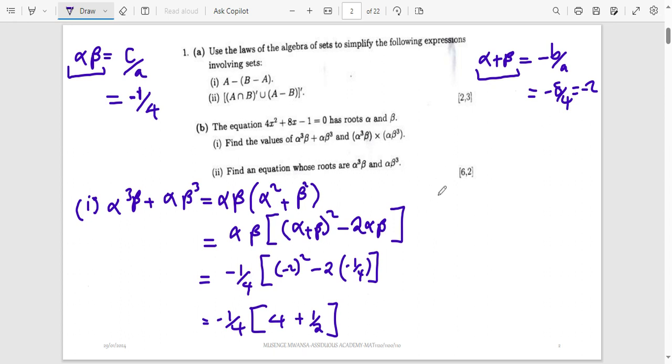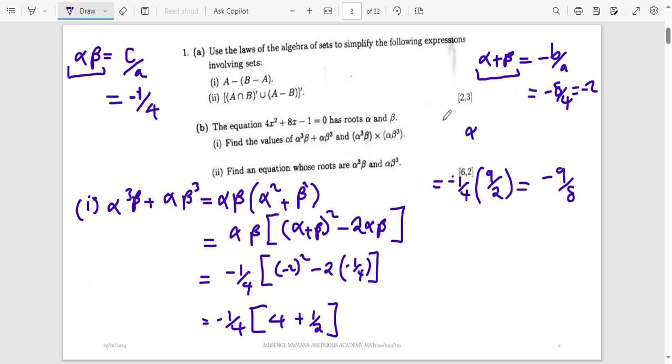This is going to give us negative 1 over 4 times 4 plus a half, which is 4 and a half, basically 9 over 2. Multiplying this gives us negative 9 over 8. So this is the sum of the two roots. Let me write it on top here.